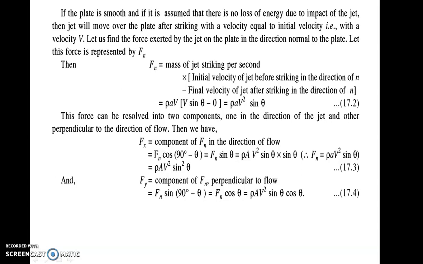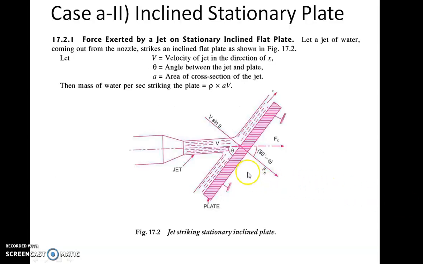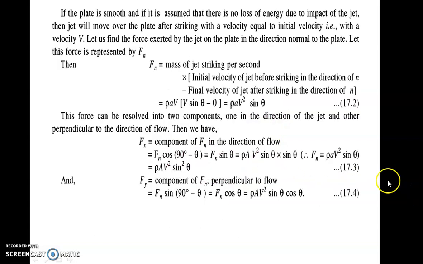Now, once you calculate the normal force, you can easily find the x-directional force, that is Fx, as well as Fy, that is the vertical force. To calculate Fx you have to take Fn into cos of 90 minus theta. So Fx is equal to Fn cos of 90 minus theta.